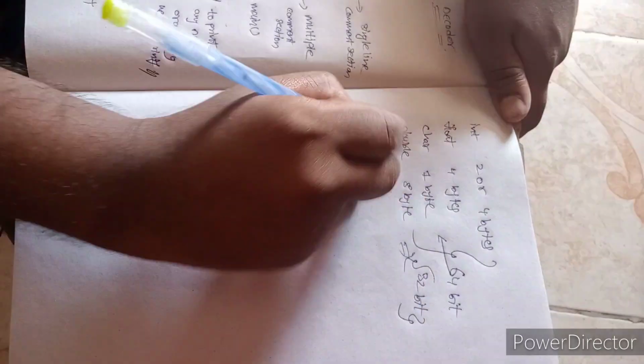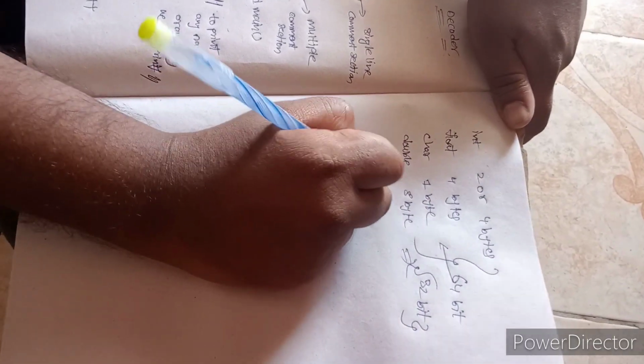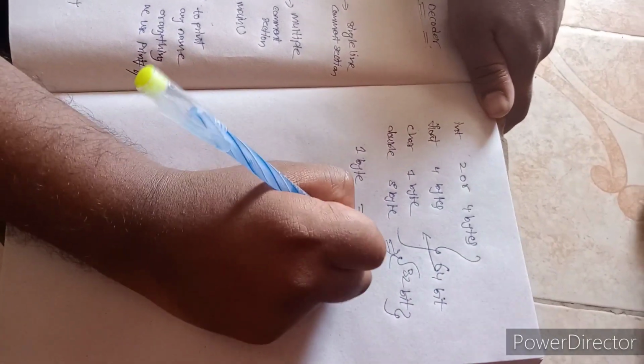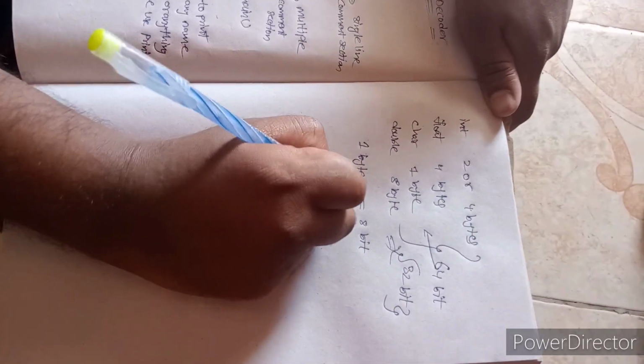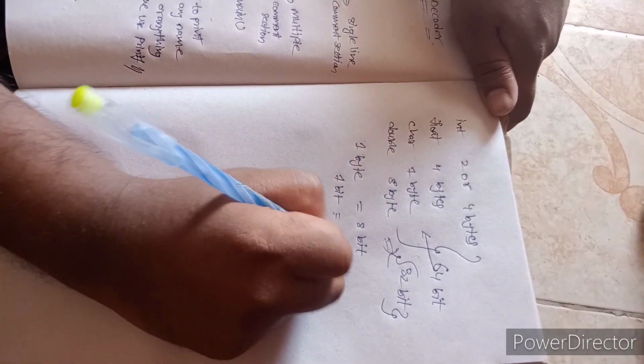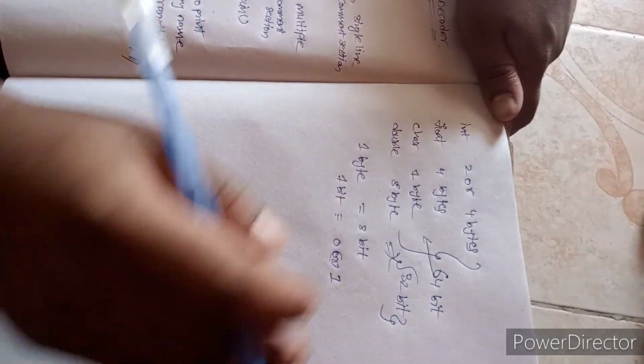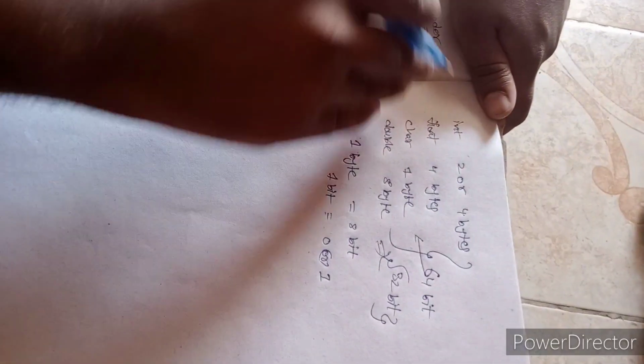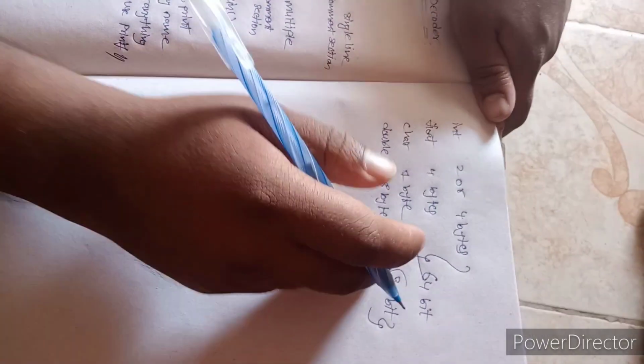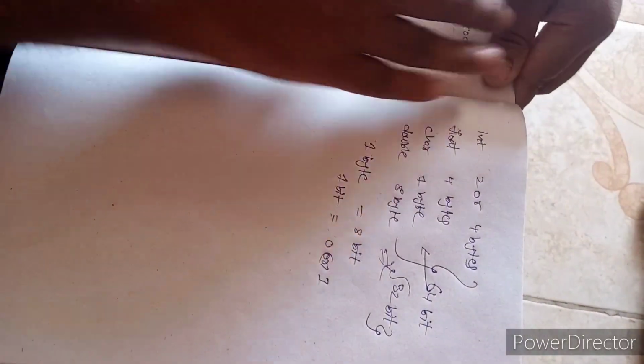You may raise the doubt here, what does 1 byte mean? 1 byte equals 8 bits. 1 bit equals 0 or 1. I have covered this complete concept in class 3 as well. If you haven't seen that, if you are new to this video, you can watch class 3 and class 2 as well. Then you can understand this concept clearly.